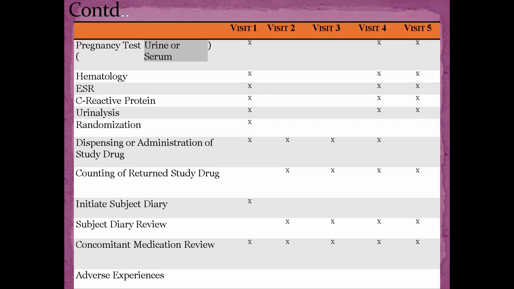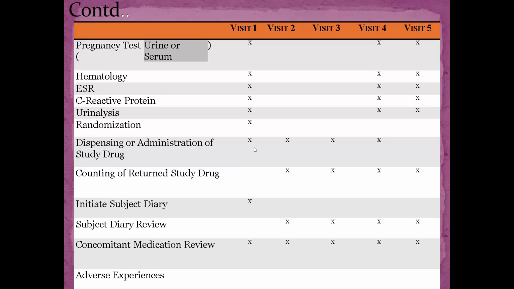If the tablet is taken out of the strip, even that empty strip has to be kept and returned. And whatever tablets the patient may have missed, those also you have to keep. So the patient will consume only the medication and return the whole package like this, and even the unused ones they should return.